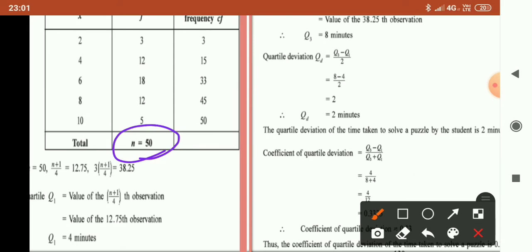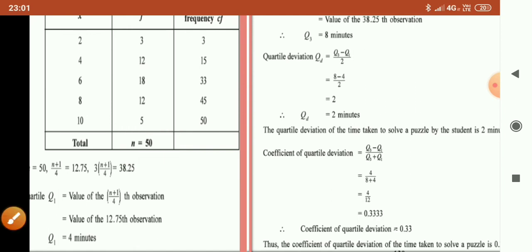So what is the formula of Q1? First quartile, Q1 equals the value of (n plus 1) upon 4th observation.